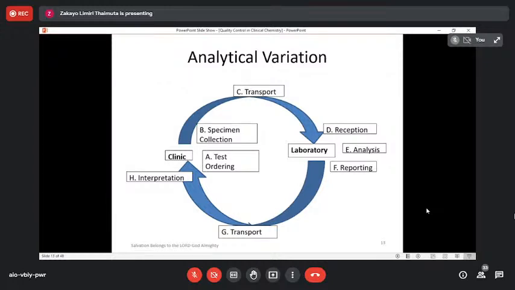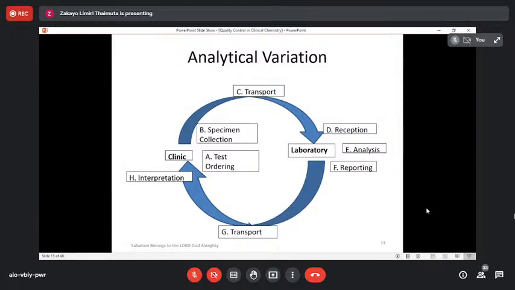Now it follows that the errors that occur between the testing, ordering, specimen collection, transportation, and reception are called pre-analytical errors. Then coming to the lab, you have the analytical process.